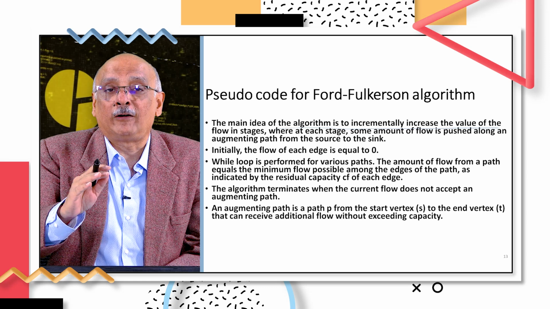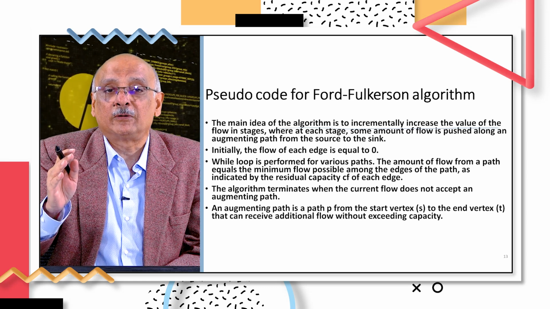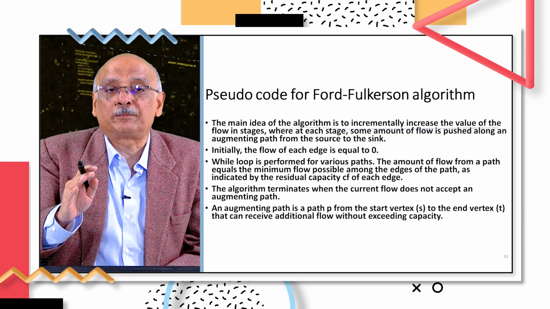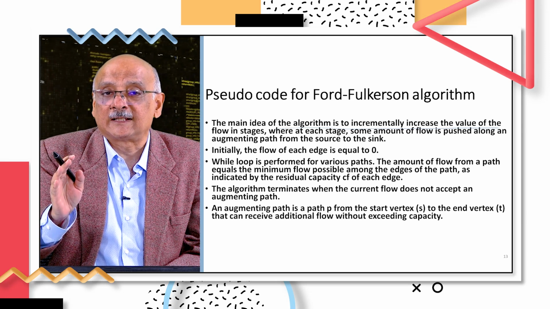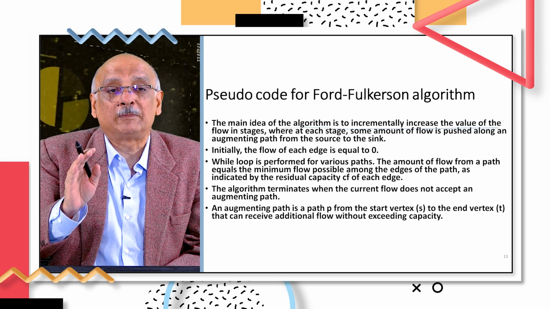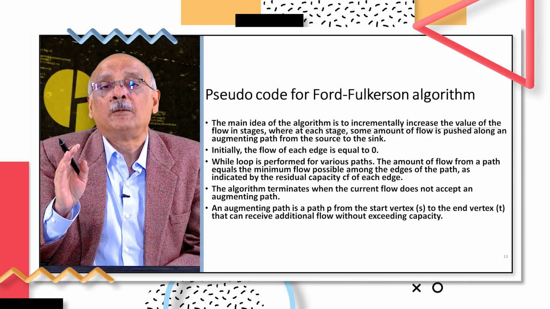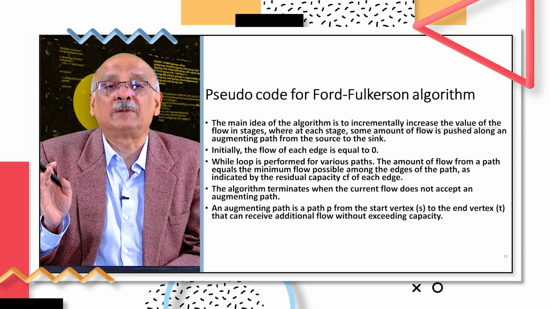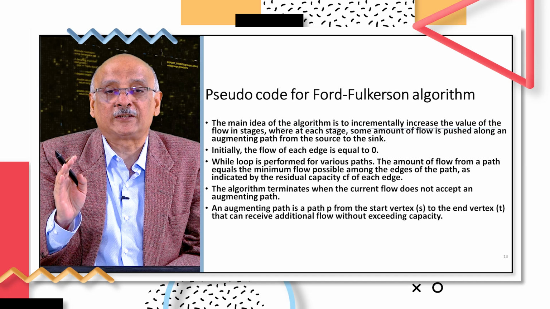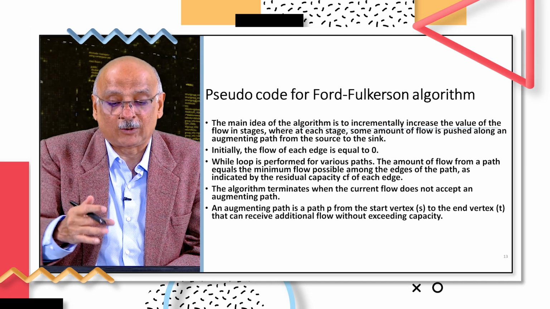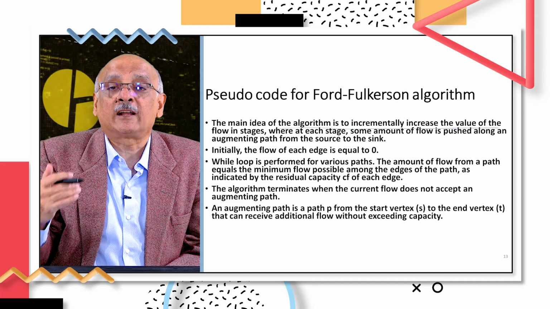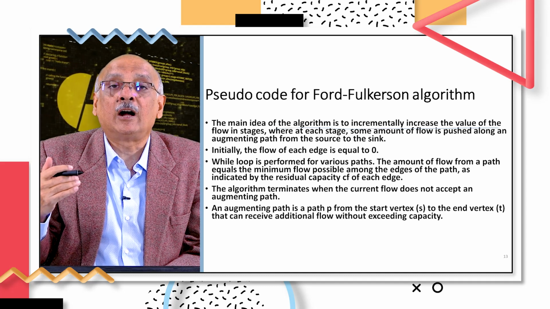Initially, the flow of each edge is equal to 0, and a while loop is performed for various paths. The amount of flow from a path equals the maximum flow possible among the edges of the path, as indicated by the residual capacity of each edge. That is what we had been discussing. The algorithm terminates when the current flow does not accept an augmenting path.